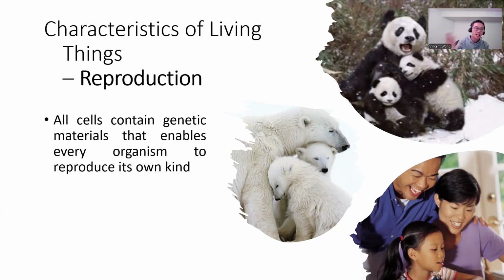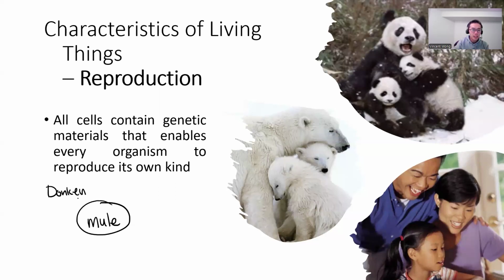Right? Sometimes organisms might mix up and then reproduce something that is a cross between two species. Does anybody know what a mule is? Like, how do you get a mule? Anybody know? Yeah, very good. Okay.